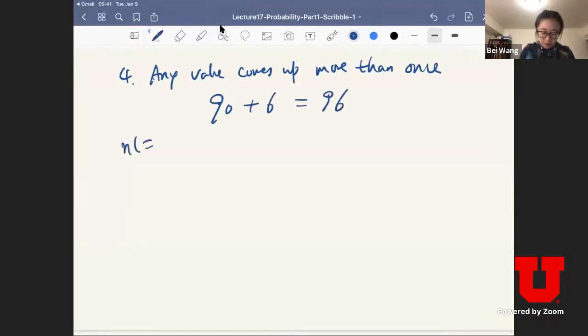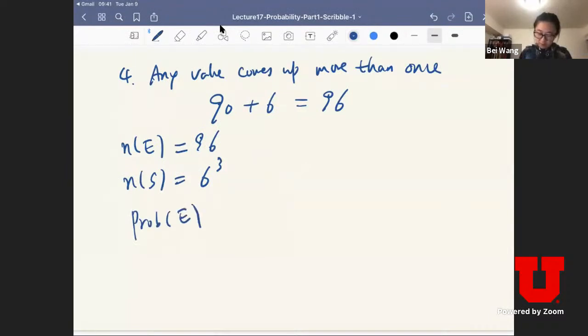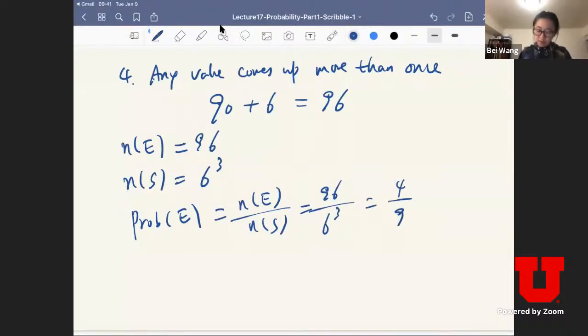So those are all successful events, which is 96. All possible outcomes is 6 to the power of 3, as described before. Then the probability of the event is n of E over n of S, which is 96 over 6 to the power of 3, which simplifies to 4 over 9, right?